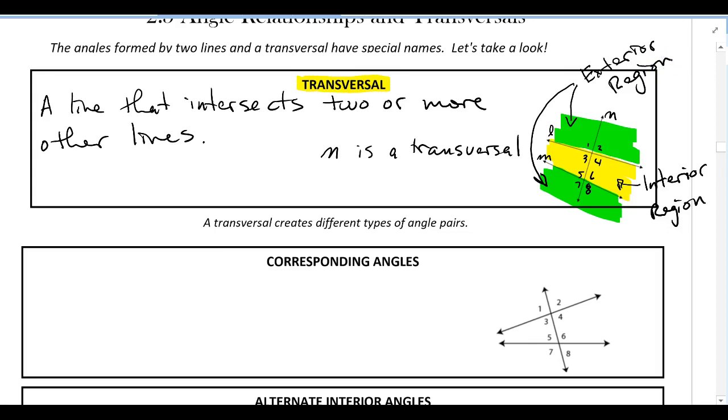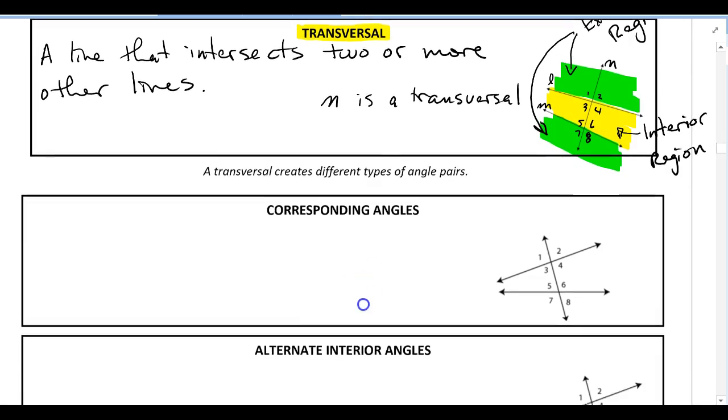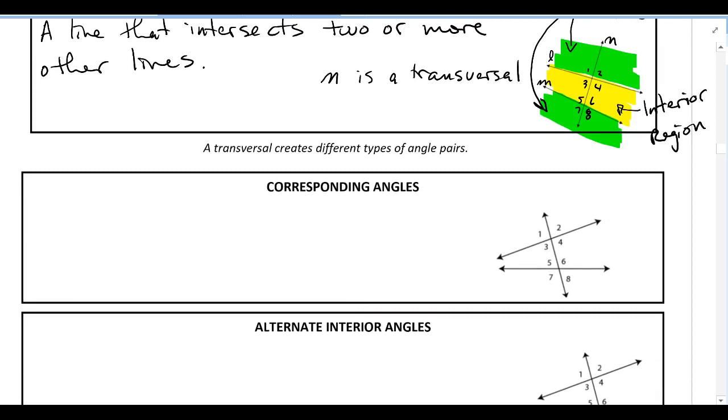So when we go through the definition of the types of angles that are formed by two lines cut by a transversal, keep in mind that the interior is in between the two lines and the exterior is outside the two lines. So moving on to the definition of corresponding angles.